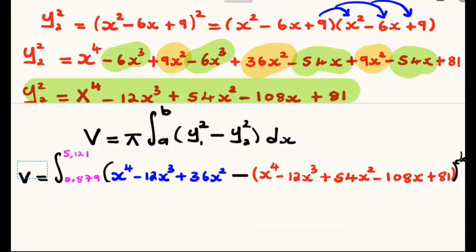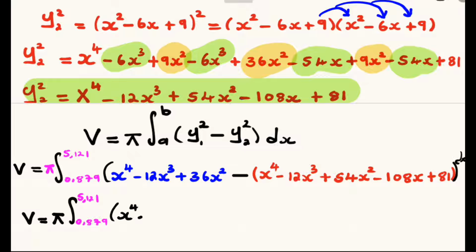So our v, so we were supposed to have the pi, sorry about that. So we have our pi, and our v will be equal to pi multiplied by the integral from 0,879 to 5,121 of x to the power 4 minus 12x cubed plus 36x squared.